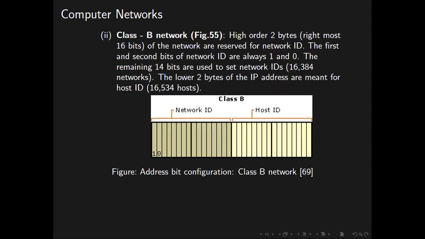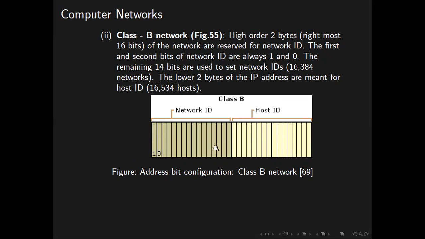Then the Class B network starts with 10. To ascertain whether a given network is Class A or Class B, look at the first bit of the address. If the first bit is 0, it is a Class A network. If the first bit is 1, look at the next bit. If the next bit is 0, it's a Class B network.